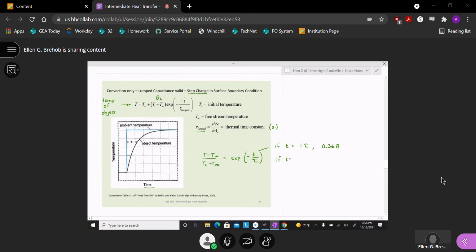If t is equal to 3 tau, that ratio is 0.05. And if t equals 5 tau, this ratio is 0.007.